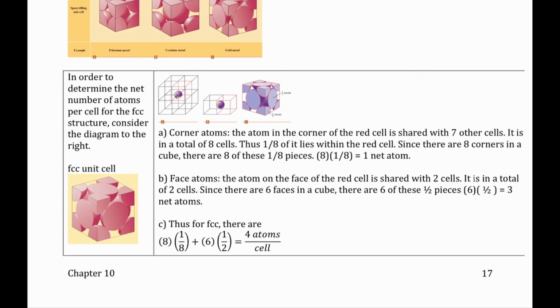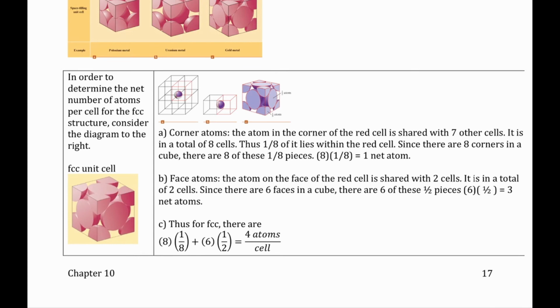Thus, 1/8 of it lies within the red cell. Since there are 8 corner atoms in a cube, there are 8 of these 1/8 pieces. Or we could say 8 times 1/8 equals 1 net atom for these corner atoms.